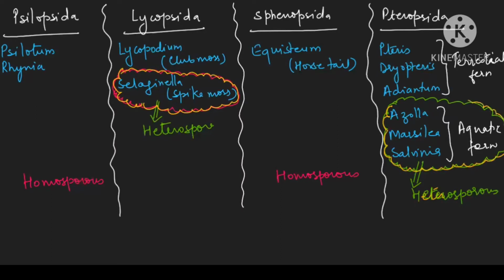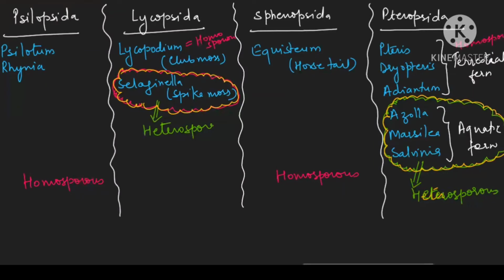This is the only confusion for the students. Is it clear? Remaining all are homosporous. It means this is also homosporous. Lycopodium, we will say this is homosporous, and your terrestrial ferns are also homosporous. So I think which is homosporous and which is heterosporous is clear.